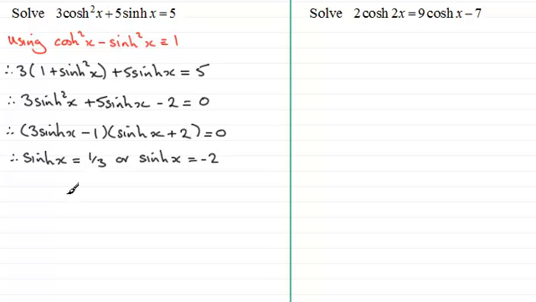Now, to get what x is, we need to take the inverse sinh of both sides of these equations, so that x equals the inverse sinh of 1/3, or x equals the inverse sinh of minus 2.